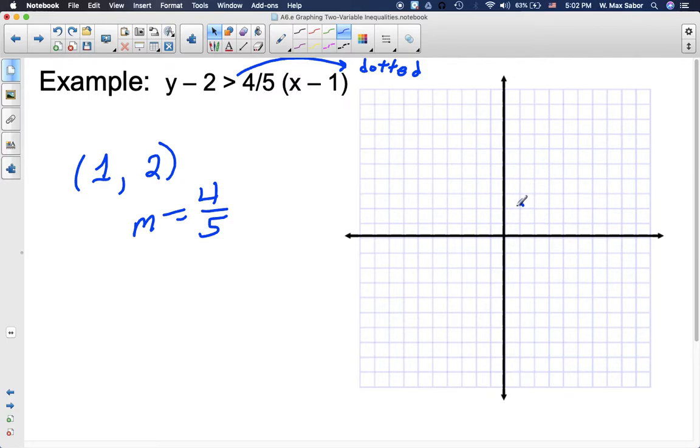So 1, 2, and then we're going to go up 4, right 5, and then down 4, left 5, down 4, left 5, and that's going to be our line. That's our boundary. Now, the numbers that are greater than, well, if we add 2 to both sides, it'll still be y is greater than. So we can say it's the points above the line.